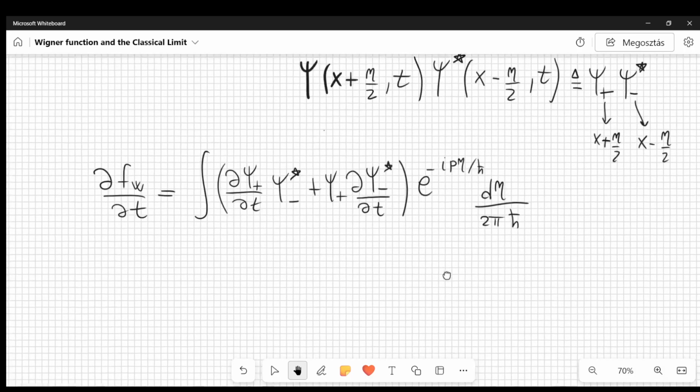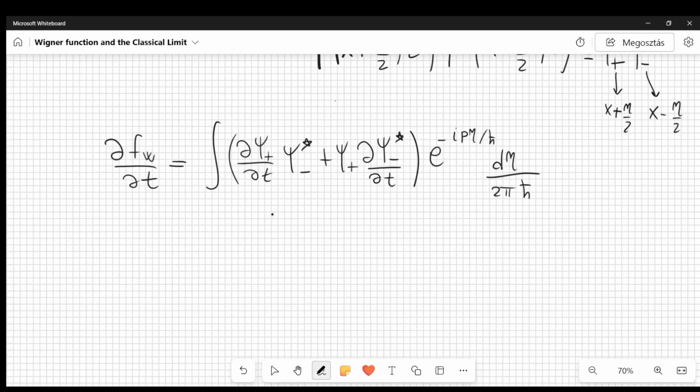At this point, I have to remember that the wave function satisfies the Schrödinger equation, right? So the derivative of psi plus dt would be the Hamiltonian operator with a plus.